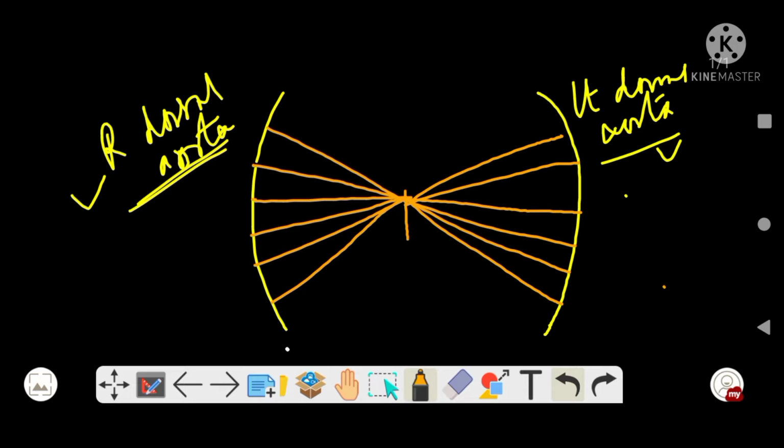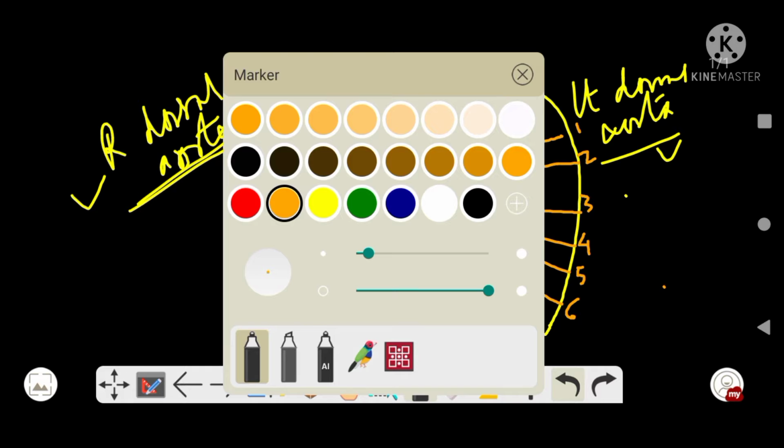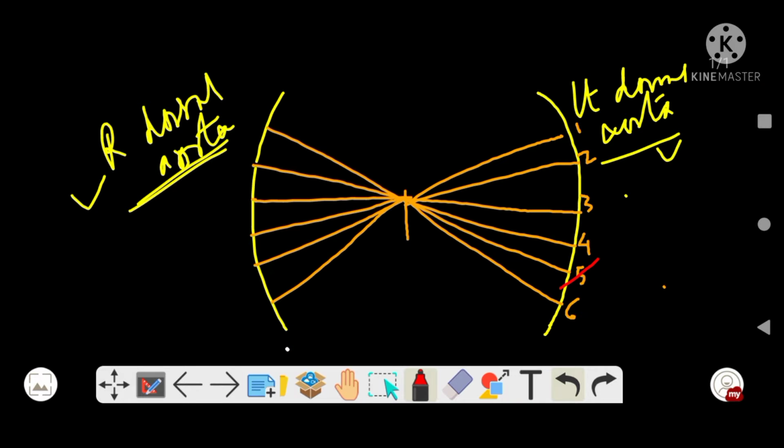So we can say this is the first arch, this is your second, this is your third, this is your fourth, and this is your fifth, this is your sixth. As you know, there is no fifth arch because the fifth arch usually regresses, right? So there are 5 arches: first, second, third, fourth, and sixth. No fifth, because fifth regresses.